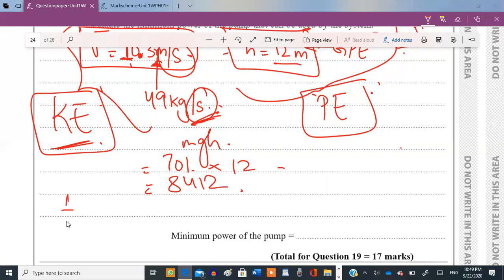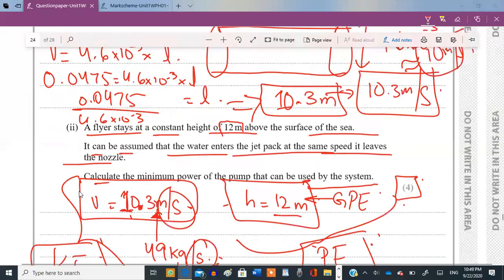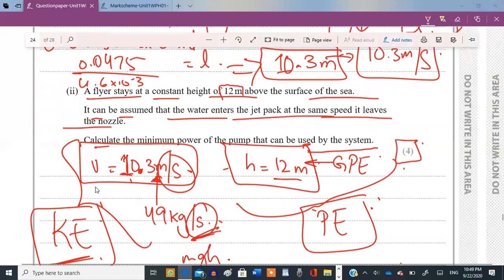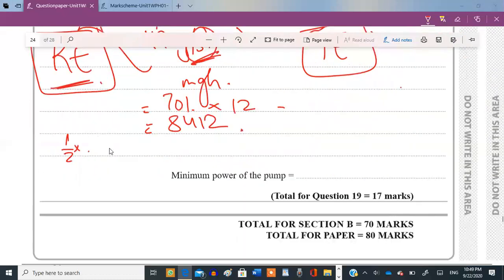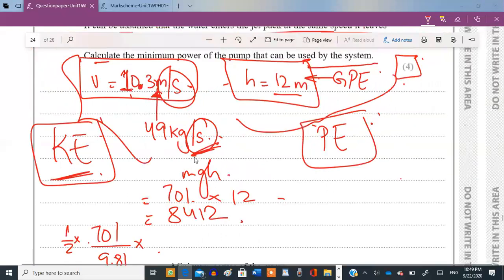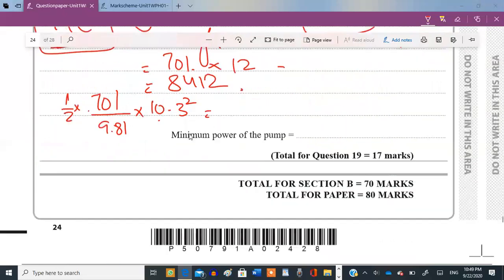Calculate the kinetic energy, half mv squared, half times mass, which is 701 divided by 9.81, multiplied by the velocity of the water which is moving out, 10.3 squared. This will give you the kinetic energy, 3790 joules.